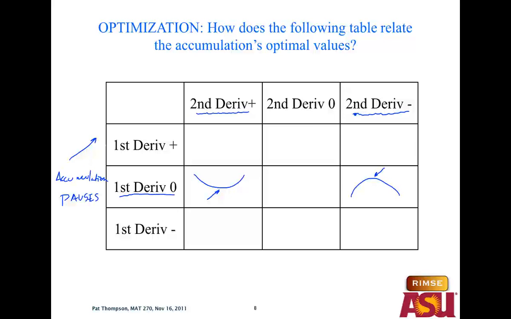And then if the second derivative is negative, what does that mean for the rate of change? All through here, the rate of change is decreasing, becoming less positive or more negative. So if along with that you have a pause point of the accumulation, that has to be a local maximum. So the first thing we're going to do is find those places of pause of the accumulation, which is where the first derivative is 0.